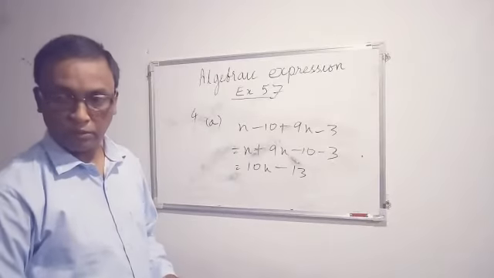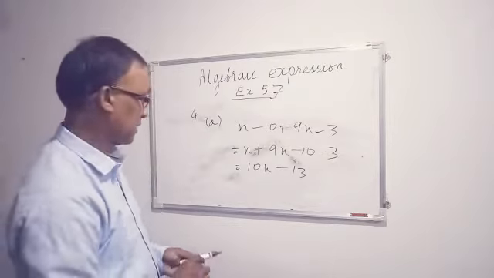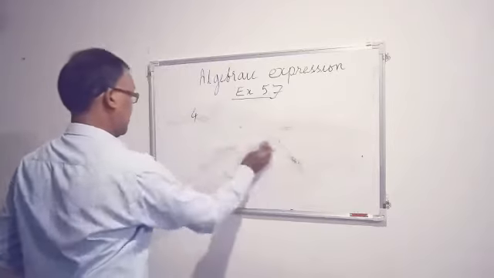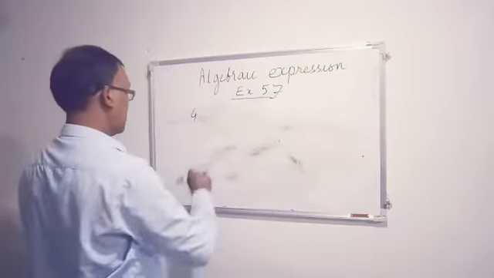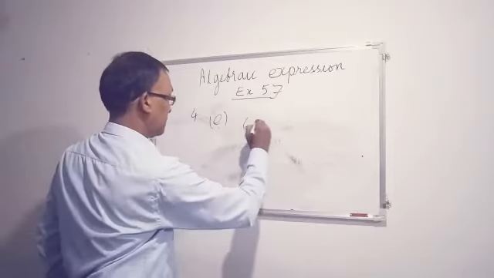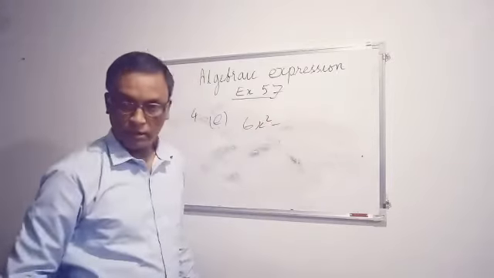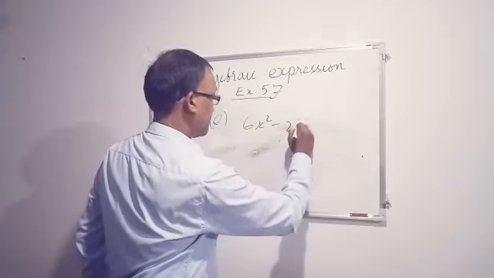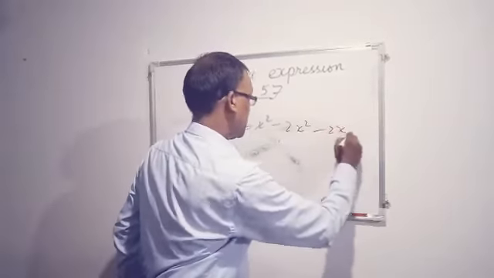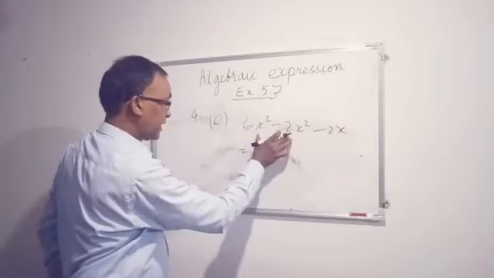Now again, if I do another sum here in question number 4e. If I proceed with this sum e, here you'll get 6x square minus twice x square, then minus 2x. So here the like terms, these two are like.